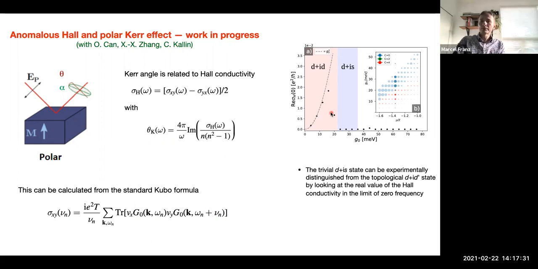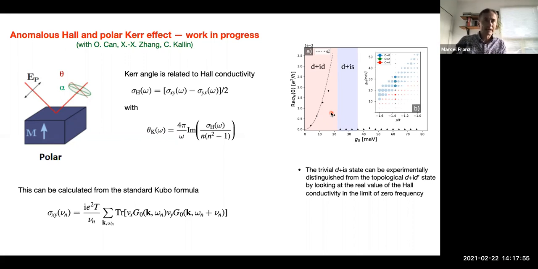Let me just say that it seems like these twisted samples should give what one may call a giant Kerr effect, much larger than some other materials like strontium ruthenate, for instance, which have been proposed to also be spontaneously time reversal broken phases. And this is simply because all the energy scales in cuprates are much higher, much larger than in these other materials.